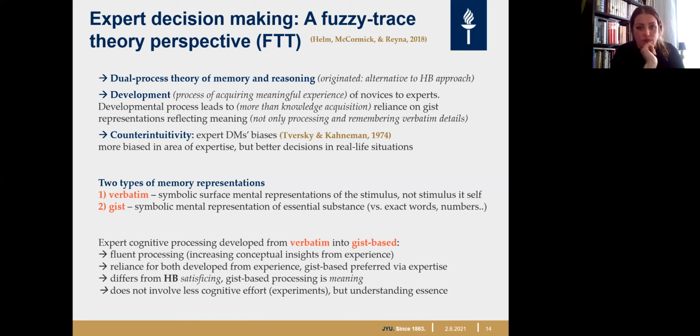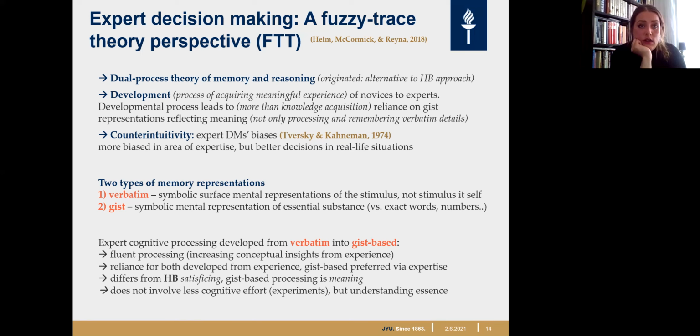So that's the counterintuitive aspect of expert decision making. And many of these dual process theories, which involve expert decision making, are studied, for example, in experiments that have novice and expert decision makers to understand what kind of biases are exhibited.